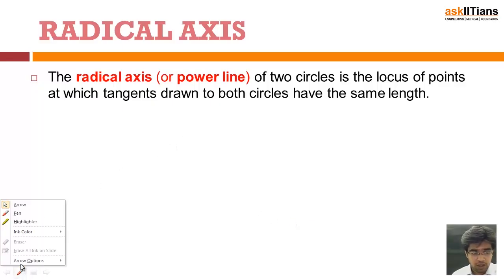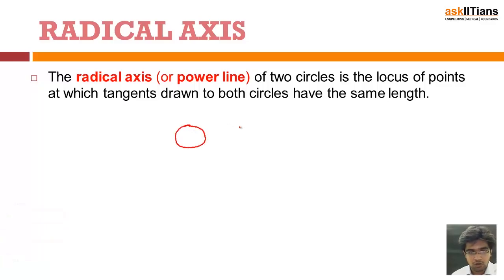That means, let's say that you have two circles. Obviously there will be some common chord, and there will be some common tangents to these two circles. Radical axis bisects these common tangents. For example, if this is A, this is O, this is B, then OA is equal to OB.